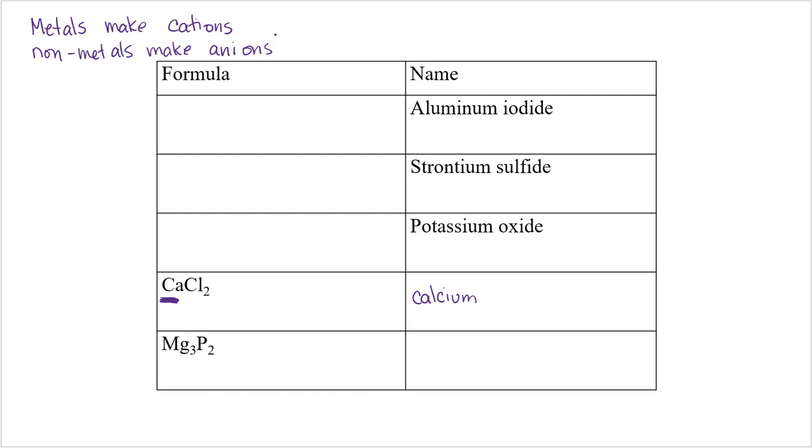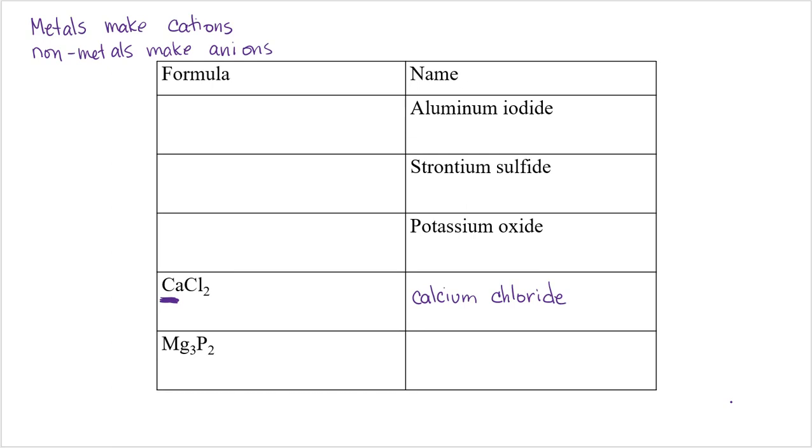Okay, so the cation comes first. Calcium is the cation. It comes first. It just gets its name. Its name is calcium. The anion comes second, and it gets its name, but the ending changes to IDE. So CaCl2 is calcium chloride. Straightforward, can't get any more simplistic than that.